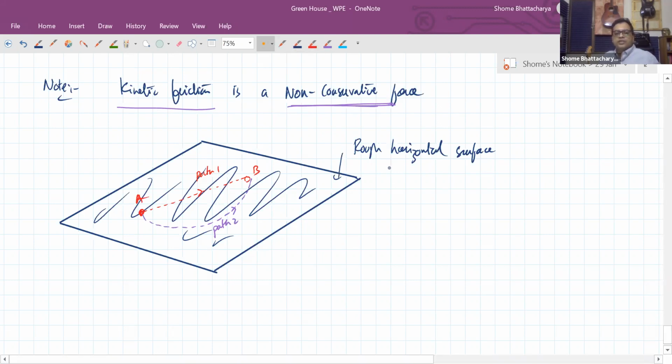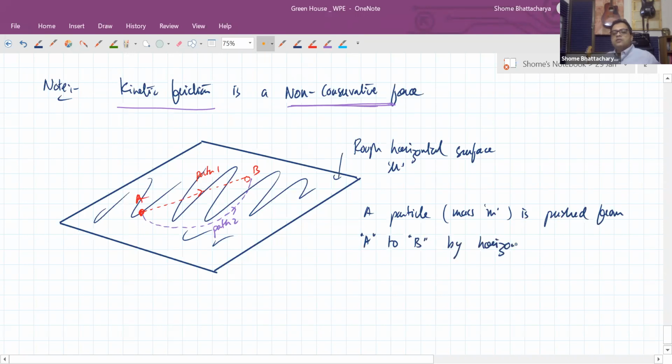So suppose this coefficient of friction is mu. Okay, so now a particle of mass m is pushed from the point A to the point B by a horizontal external force by two possible paths.